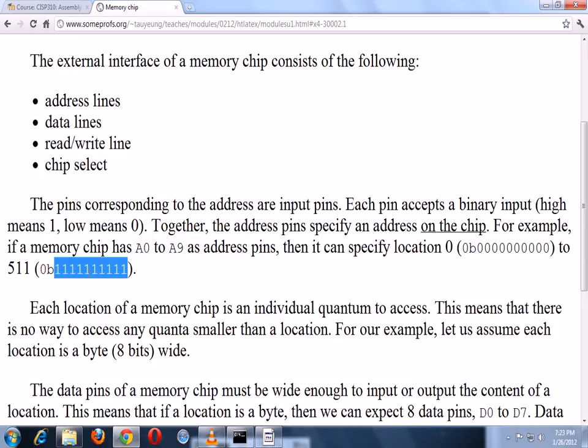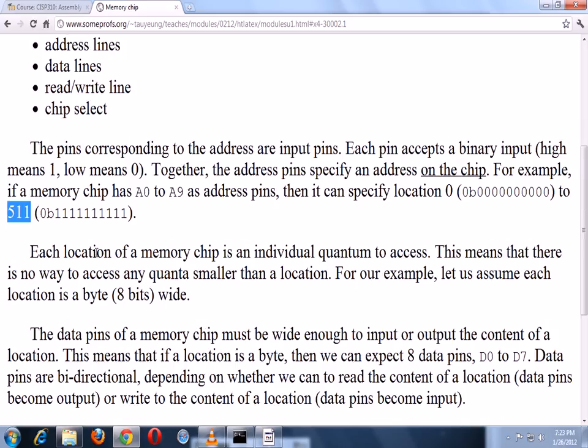And I think I made a mistake here, because if there are 10 of these, it should be 1023 and not 511. I did it incorrectly because I miscounted the number of bits. So this should be 1023 and not 511. Okay. Does everybody understand why there's a mistake? Where the mistake came from?